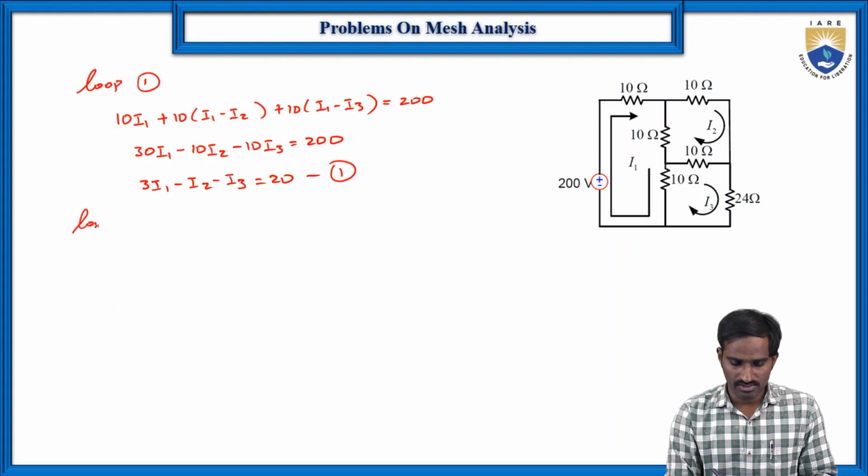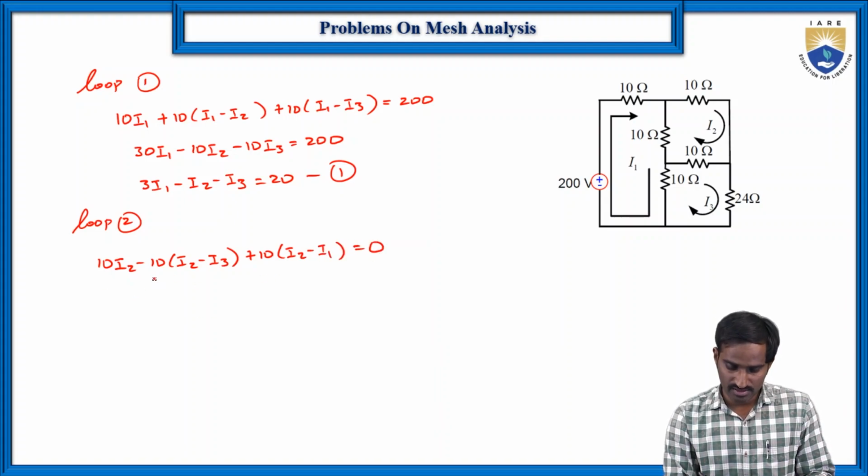And coming to the second loop, with respect to I2, it is 10 I2 minus 10 into (I2 minus I3), plus 10 into (I2 minus I1), which is equal to 0.